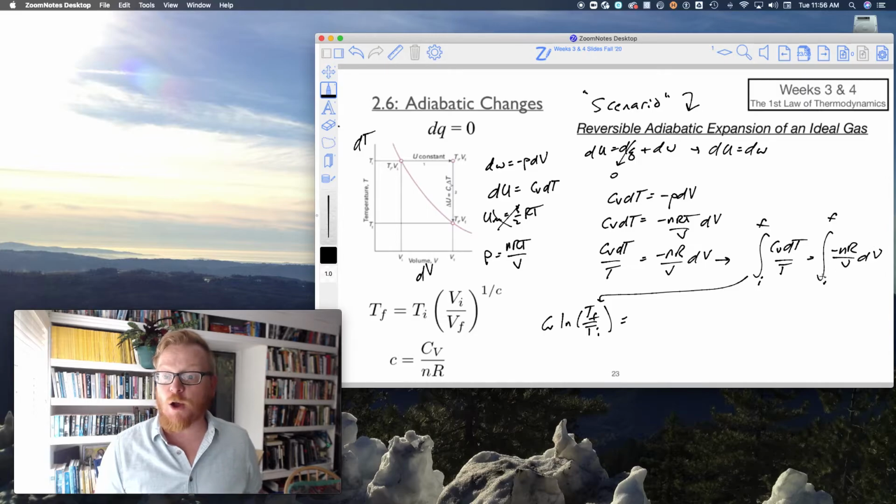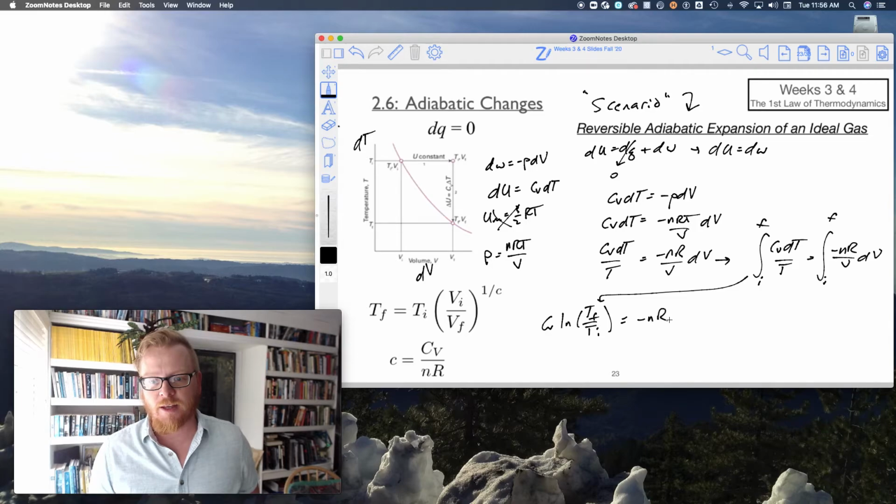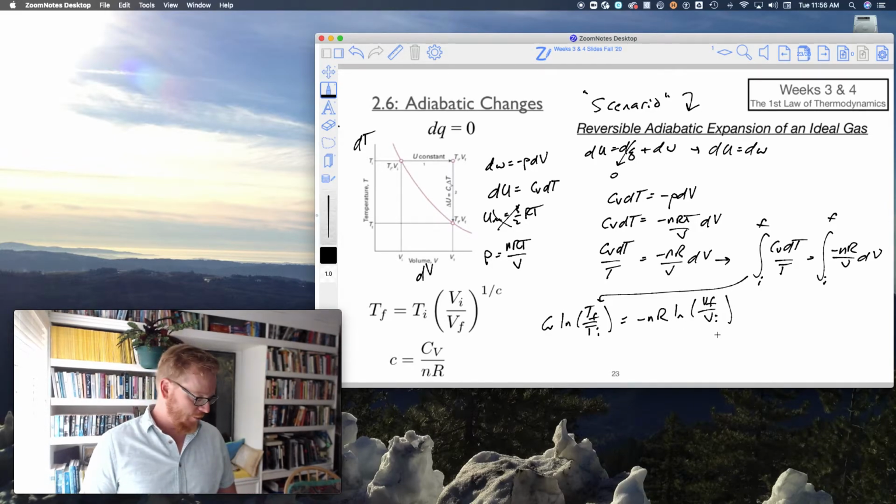And then dV over V is also a natural log relationship. So I'm going to get negative nR times natural log of Vf over Vi. Okay. And then now I'm going to do a couple of log tricks.